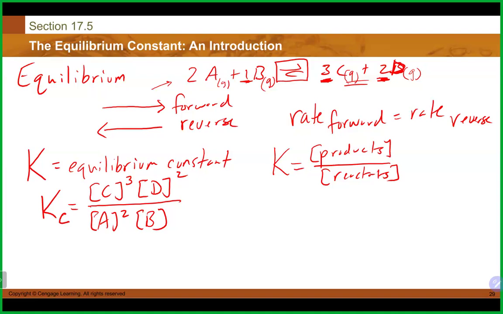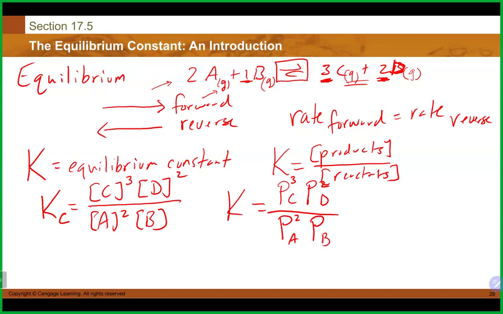We also, for example, in this case, if these guys were all gases, we could also write an equilibrium expression that deals with pressures, since that is something that we would oftentimes look at if we're dealing with gases. And it works the same way. It would be the partial pressure of C cubed times the partial pressure squared of D divided by the partial pressure squared of A and the partial pressure of B, which is basically to the first power.